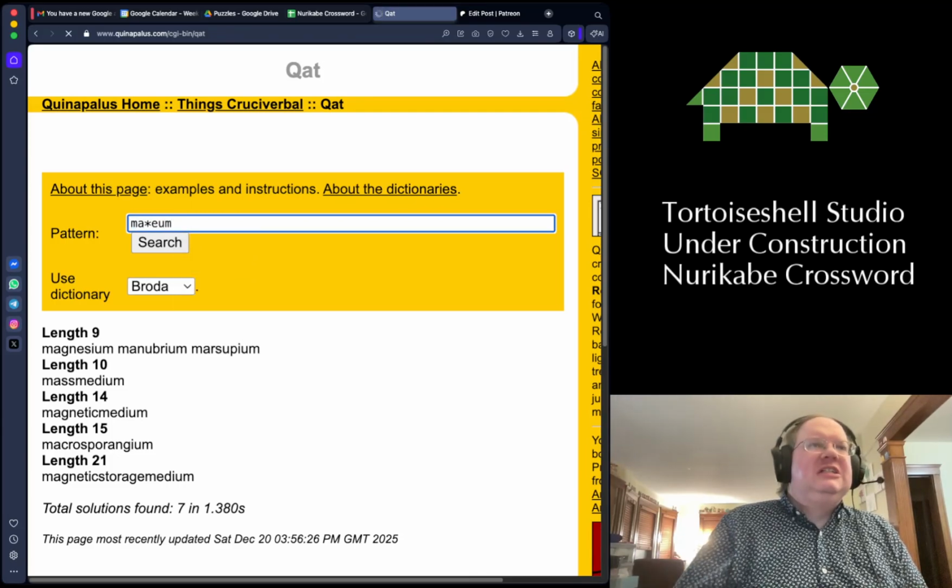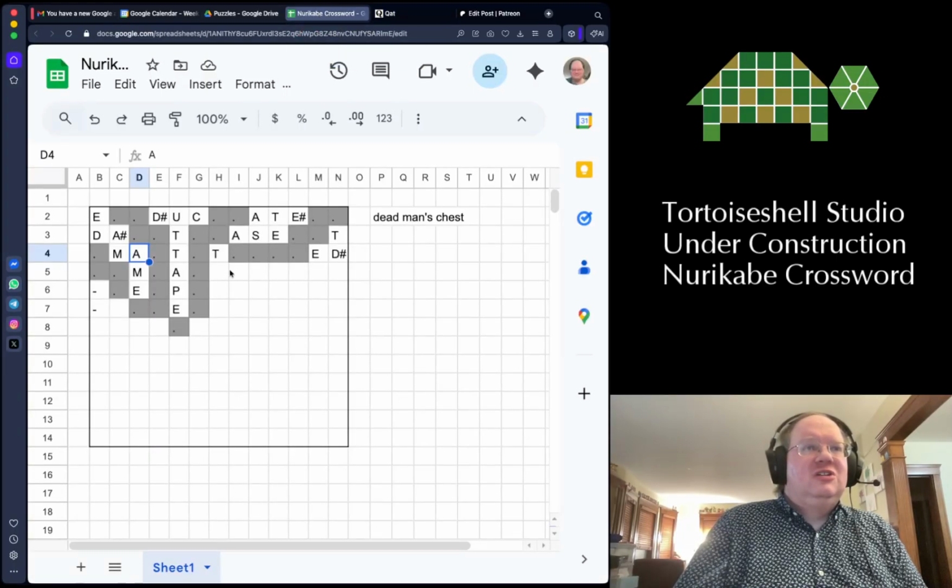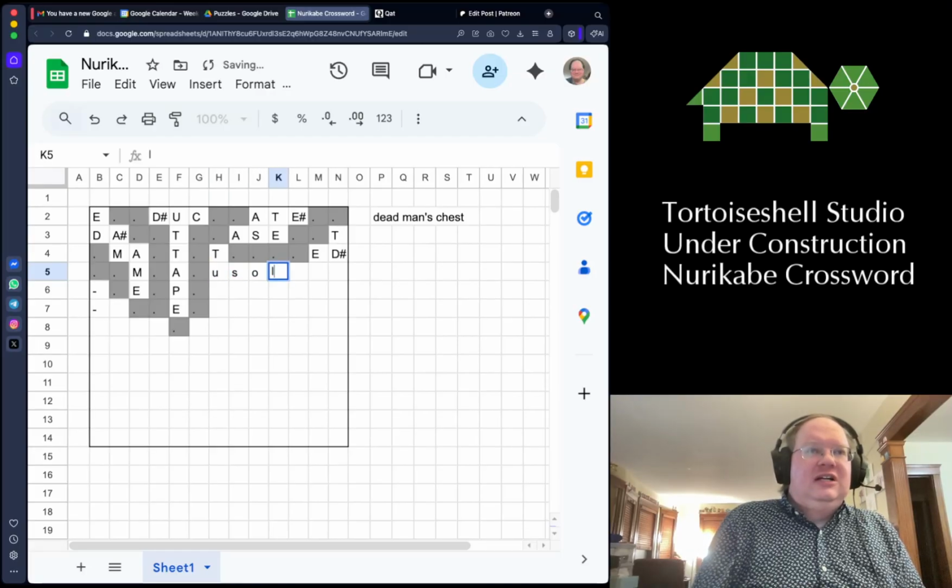What about it? Ew, a mausoleum is probably too long. Yeah, that's too long. You would have USOLEUM.